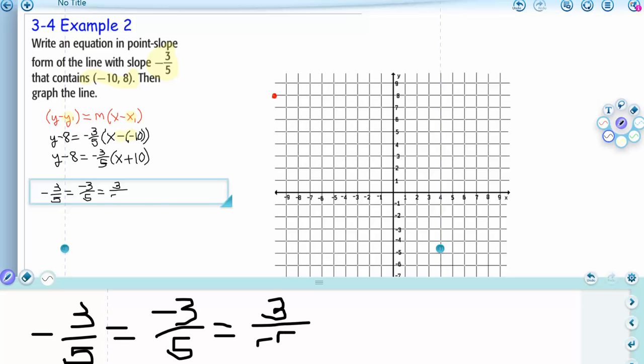That negative has to either be assigned to the numerator or denominator. But these are all the same. These are all my slope. There's no difference.